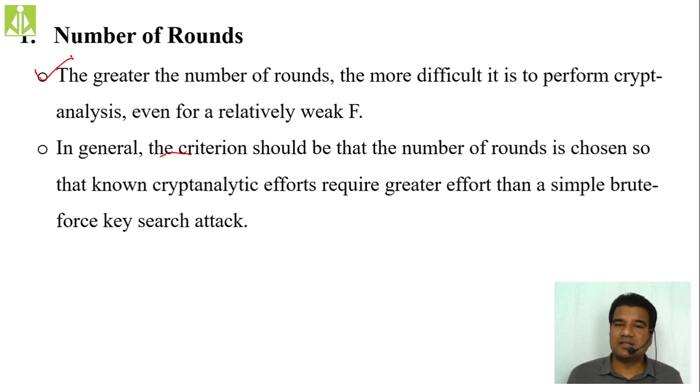We have to select the number of rounds in such a way that our algorithm becomes strong enough to withstand the brute force attack, as well as the known cryptanalytical attacks that the cryptographers have listed. Because unknown ones we cannot handle, isn't it? Once a particular technique is unknown, we cannot make our system strong enough to withstand it. But whatever techniques are known, we can make our algorithm strong enough to withstand them, isn't it?